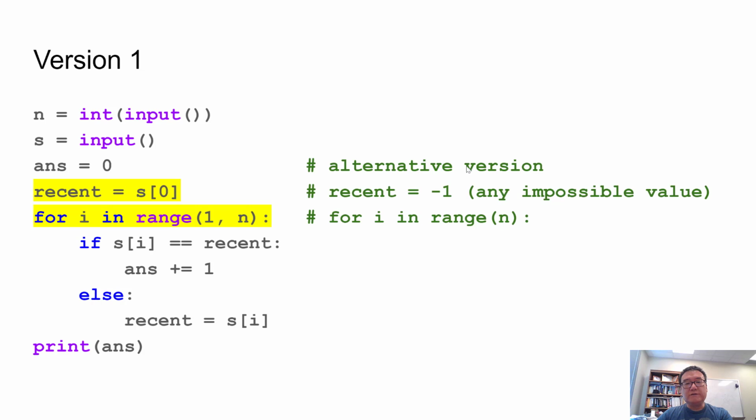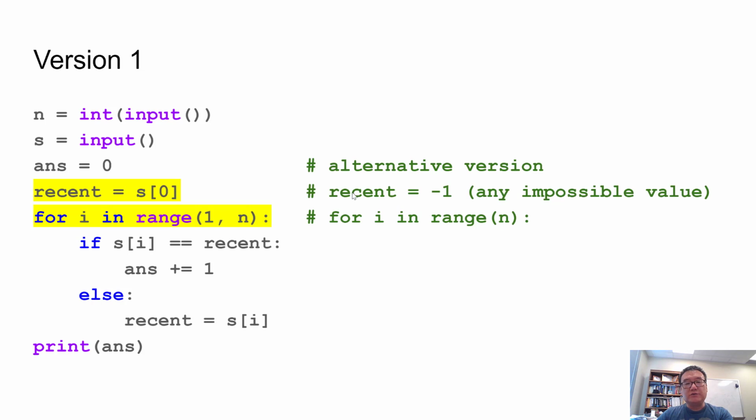And then we just print the answer in the end. And an alternative version is, instead of using the first value as recent and starting by looking at the second value, we start looking at the first value, at index 0. In this case, we don't need to explicitly use the index. We can directly say for c in s.